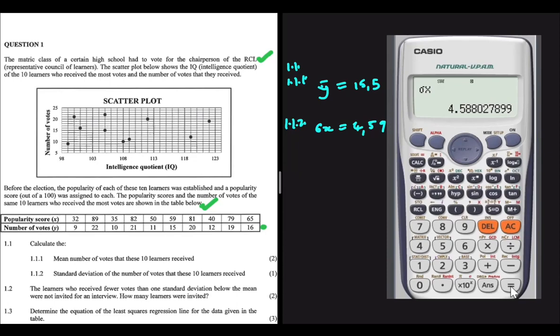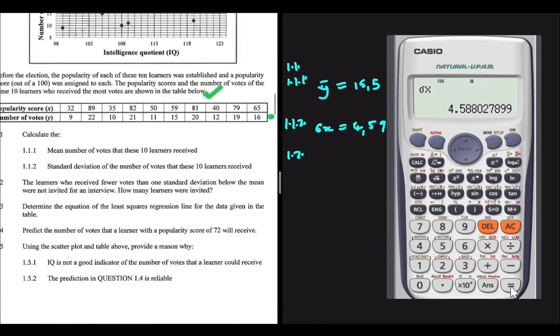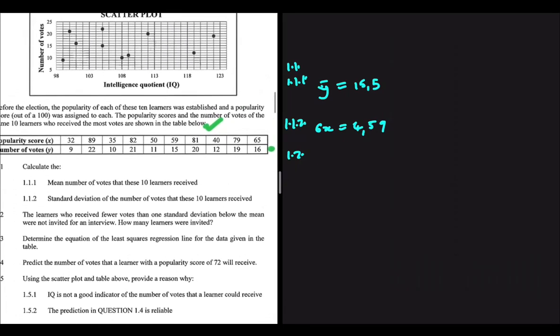Let's go ahead and do 1.2. So in 1.2, the question is saying that the learners who received fewer votes than 1 standard deviation below the mean were not invited for an interview. How many learners were invited? So now we have to determine the value of 1 standard deviation below the mean.